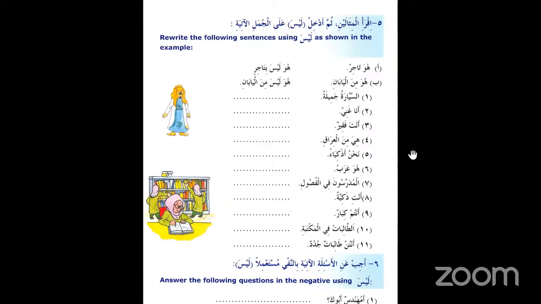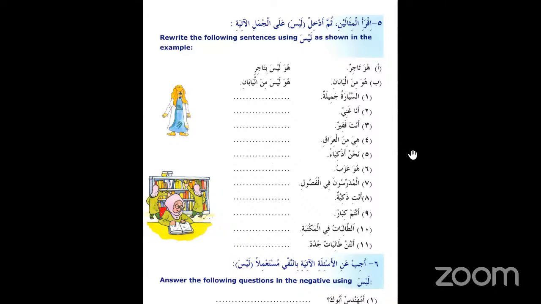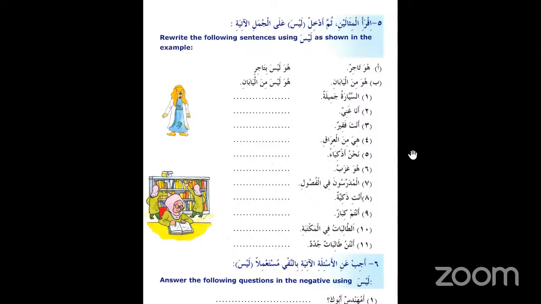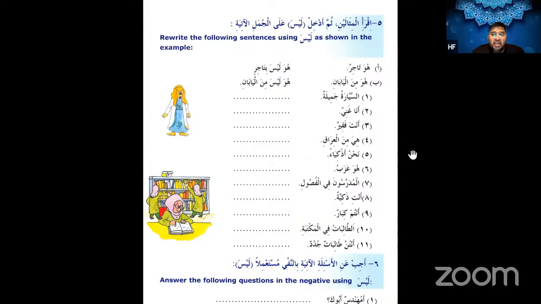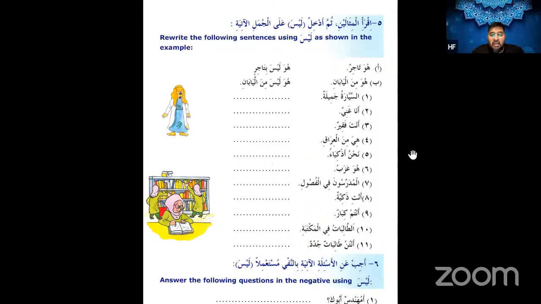At-talibatu fil maktabati. So at-talibatu laysat, no, it's plural, so they are all females. At-talibatu lasna. It became they, because we're talking about the third person, the female students.